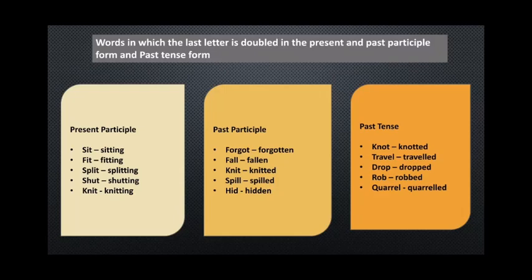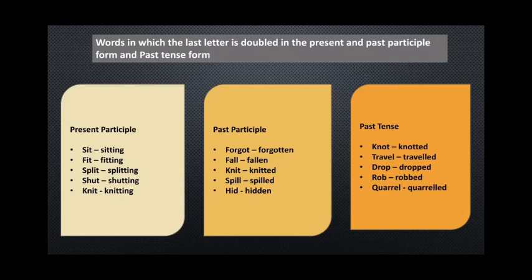Similarly, we have many other words like fall, fallen, knit, knitted, spill, spilled, hid, hidden. So, we have the last letters doubled, like T is doubled, L is doubled, D is doubled.